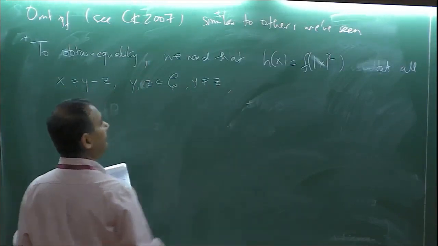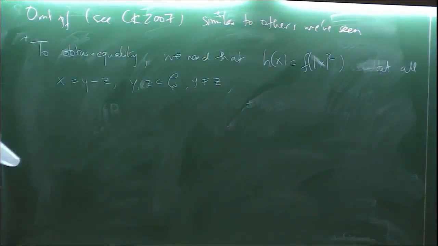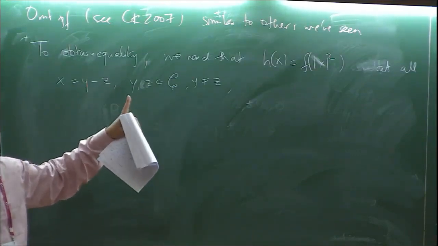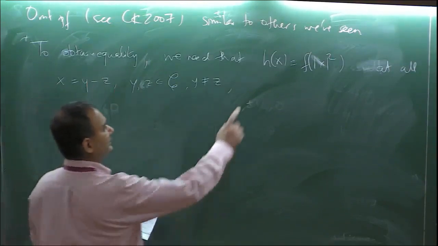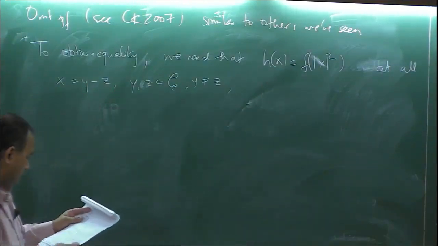In particular, if the periodic configuration is just a lattice, then h has to interpolate f at all nonzero vector lengths.